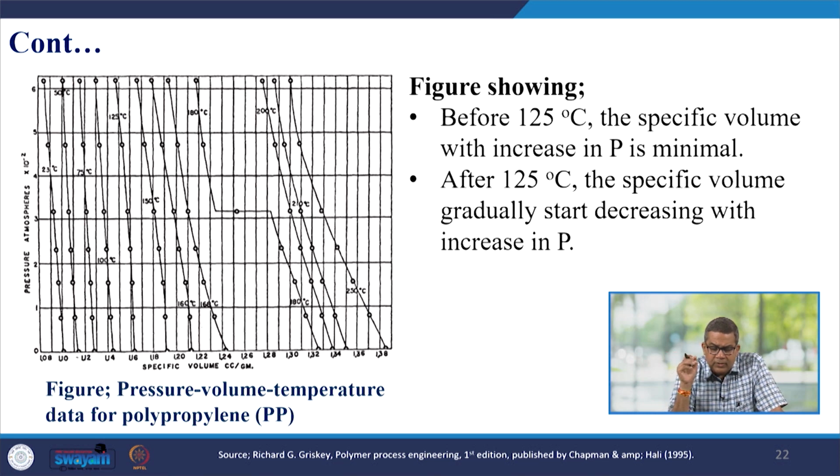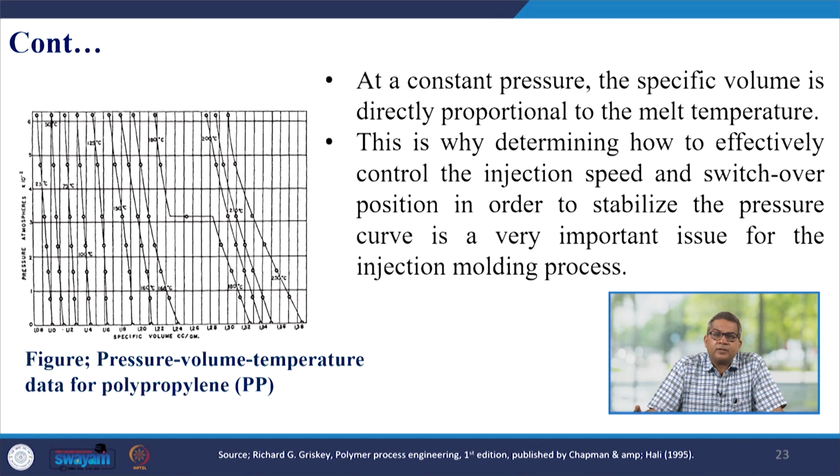Now, before 125 degrees Celsius, which is a limiting temperature, the change in specific volume with increase in pressure is minimum. After 125 degrees Celsius, the specific volume gradually starts decreasing with increase in pressure.